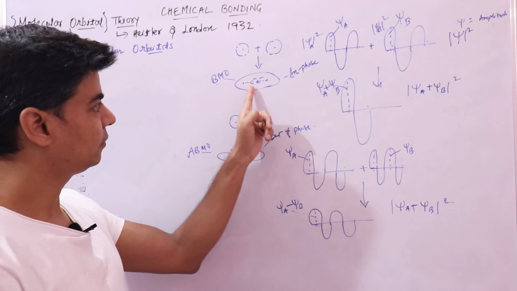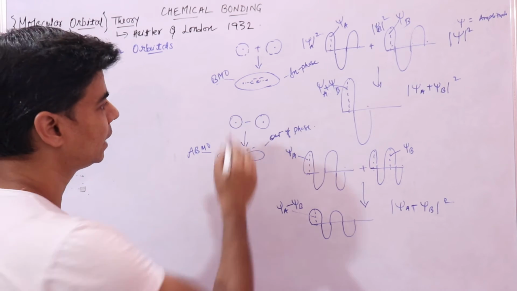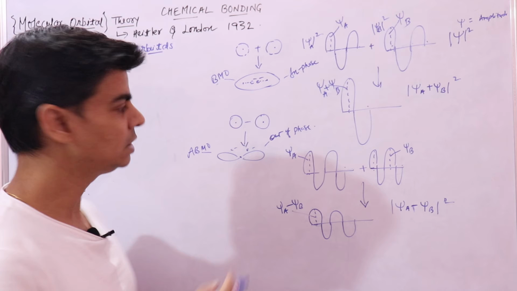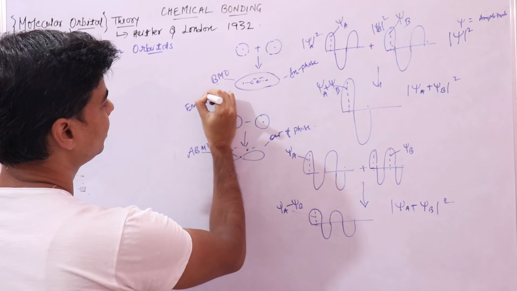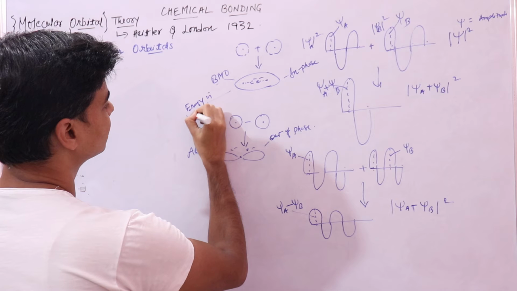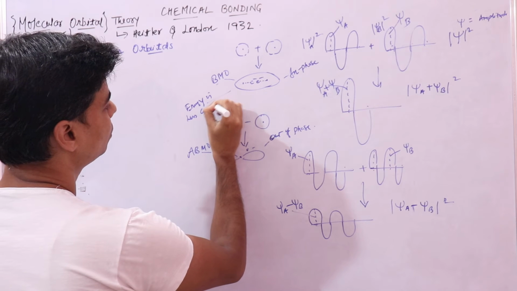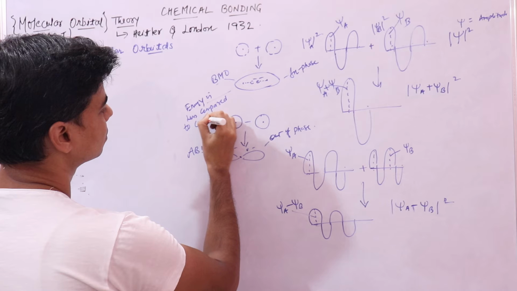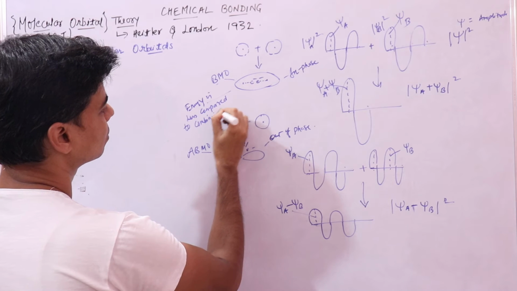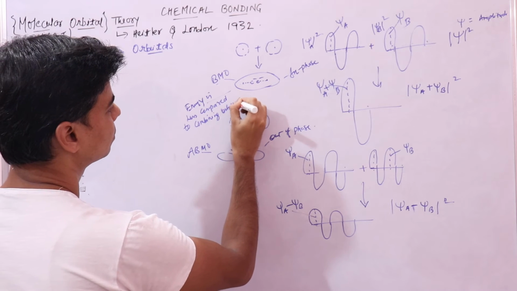And here, since we have attractive forces between electrons and nuclei, and attractive forces release energy, the energy of this molecular orbital is less compared to the combining orbitals, right?